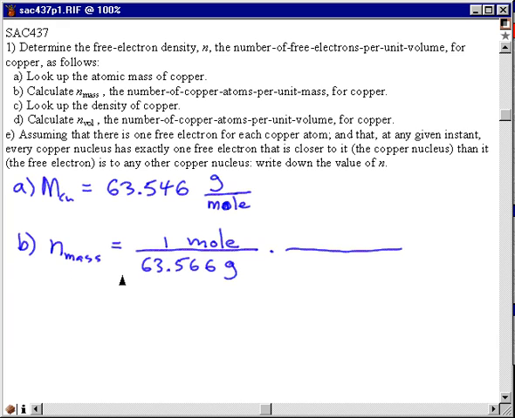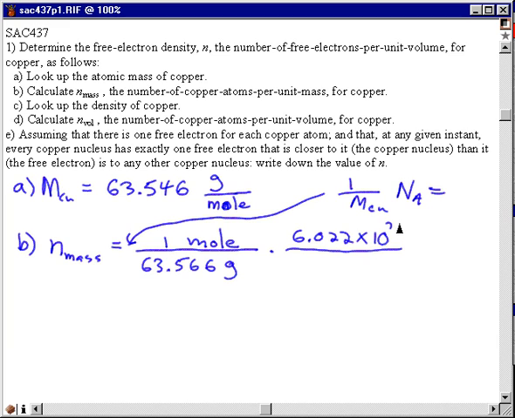In terms of a formula, I could say that N mass is equal to 1 over M_Cu times N_A, where N_A is 6.022 times 10 to the 23rd particles per mole.